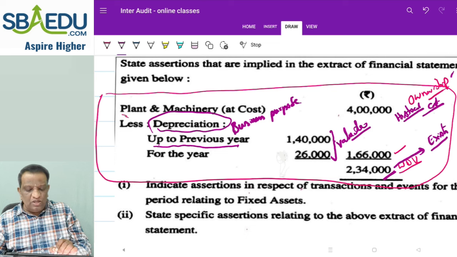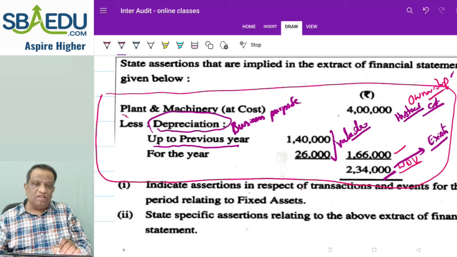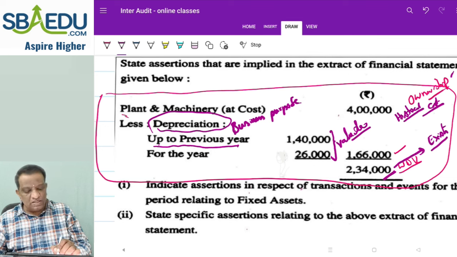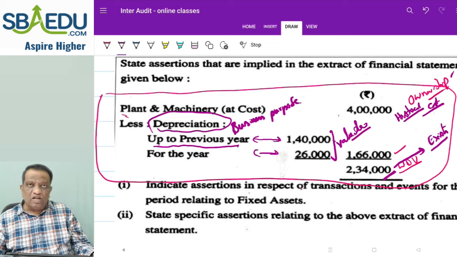That is, the depreciation as required by the Companies Act or as per the accounting policies is 1,40,000 outstanding as of the previous year, and 26,000 for the current year. So when they give this 2,34,000, they are indirectly confirming that they conform to the valuation as required by the standards and the schedules of the Companies Act, etc.